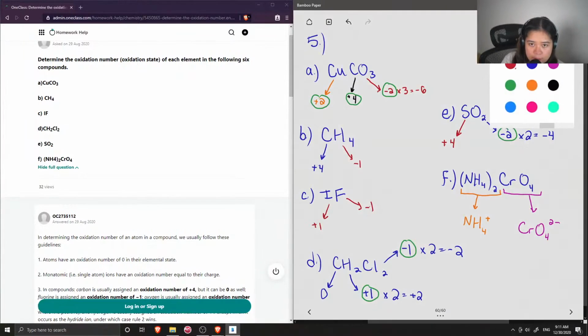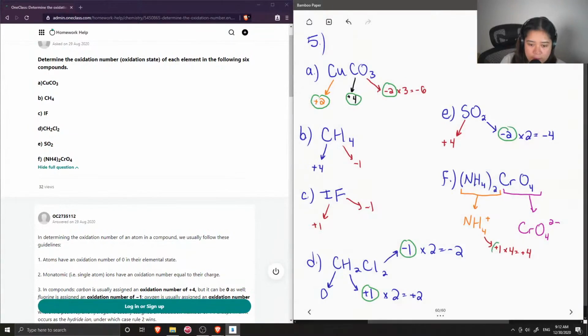Okay, so let's do the ammonium first. So if we recall that hydrogen tends to have a +1 oxidation number, since there are 4 atoms, then overall they give off a +4 charge.